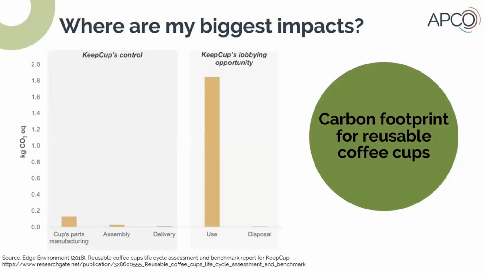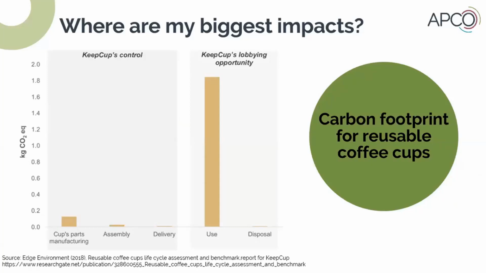And in this case, you'll see this is CO2 emissions on the axis there, and the supply chain phases on the x-axis there. So cup manufacturing, assembly and delivery are on the left. Their impacts are relatively small when you compare them to the impacts in use. And this is because the cups have to be washed.